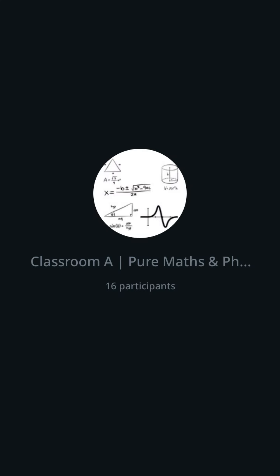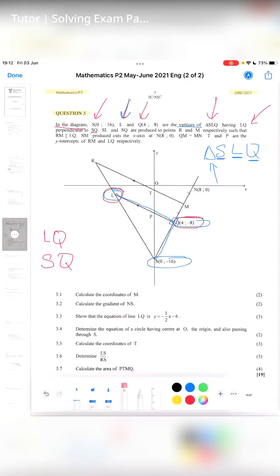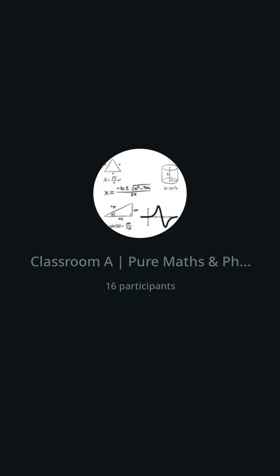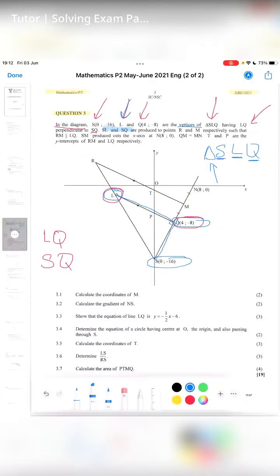So let's continue, guys. Where are we? Okay, so I think we are now heading to the second sentence over there. Okay, so let's see. They're saying SL and SQ are produced to points R and M respectively, such that RM is parallel to LQ.